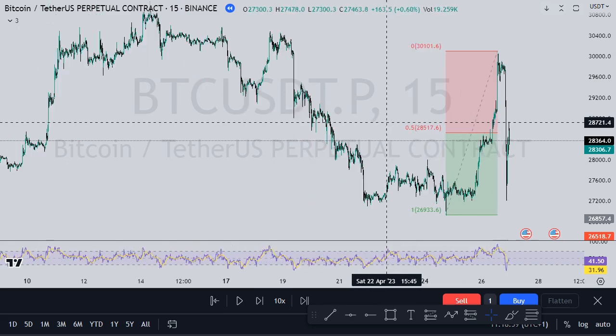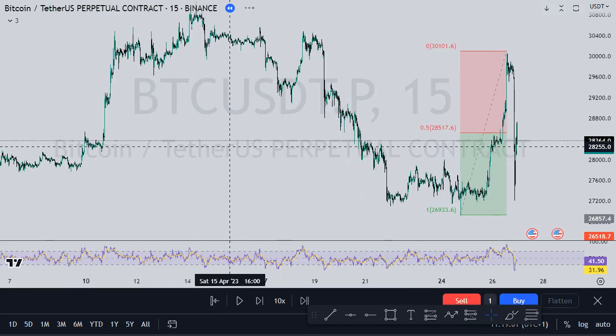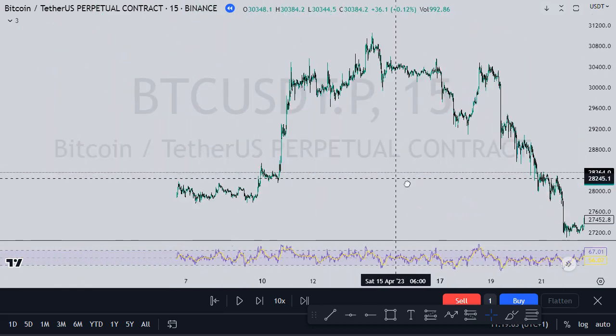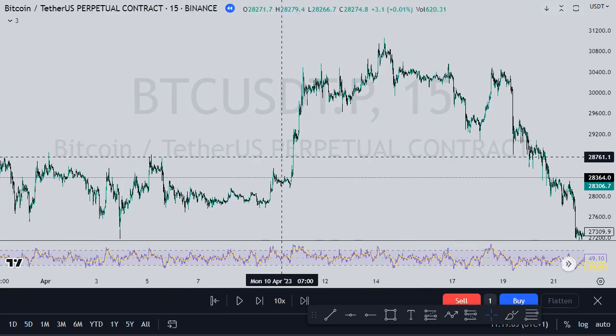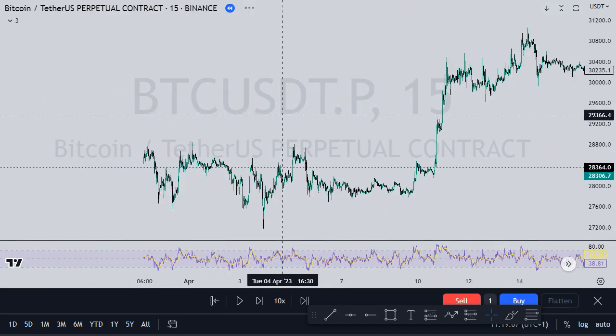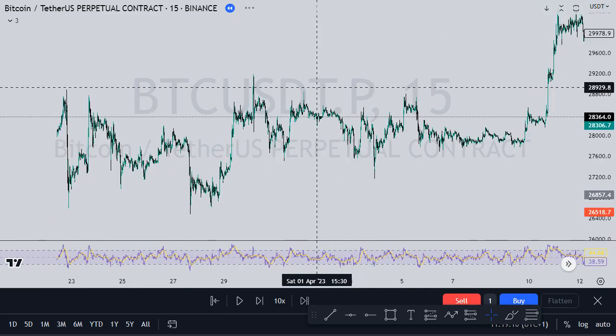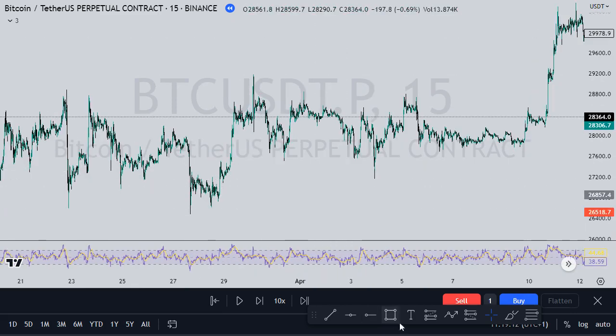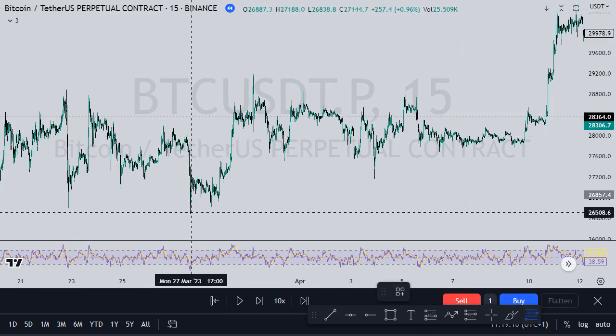Okay, so it is basically the retracement tool, which means once you draw, you wait for a retracement before you'll be able to take your buy or your sell.